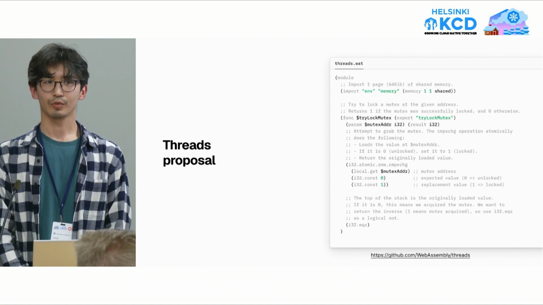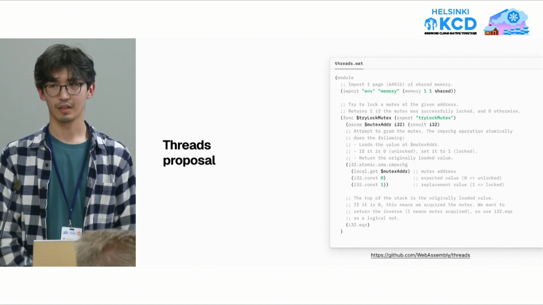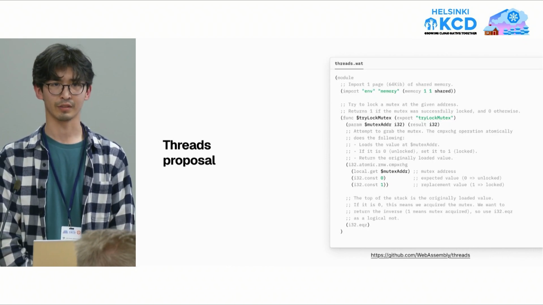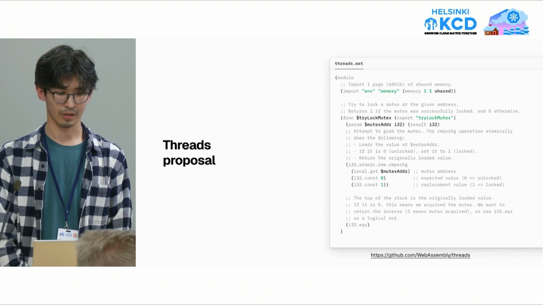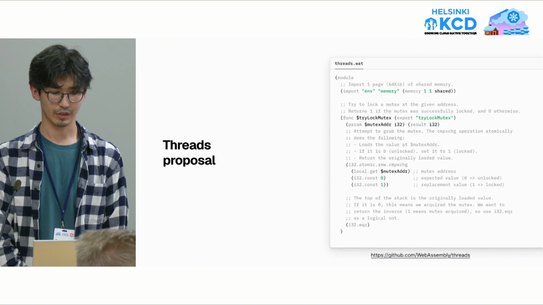It's also important to mention that the WebAssembly standard itself is being developed further, and one notable thing that would come later on after it is standardized is the threads proposal. It has some experimental support in some runtimes.